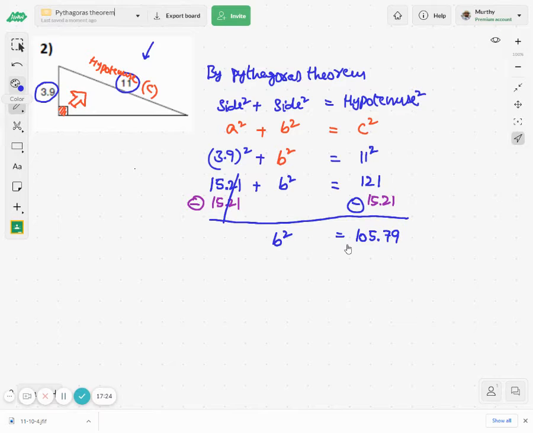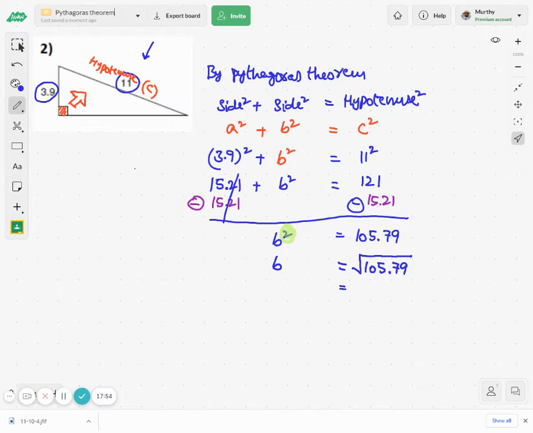Friends, again, this is another possible confusing part, that is how to eliminate the square. Don't forget, you have to go for the inverse operation. The inverse of square is the square root. Therefore, you have to take the square root on the other side. 105.79 is under the square root.